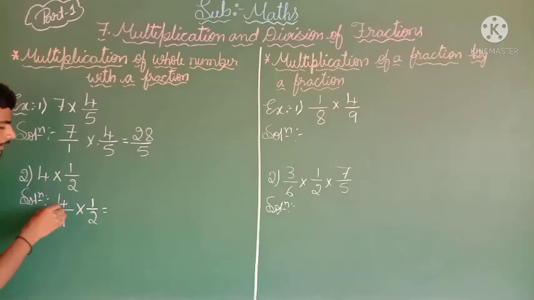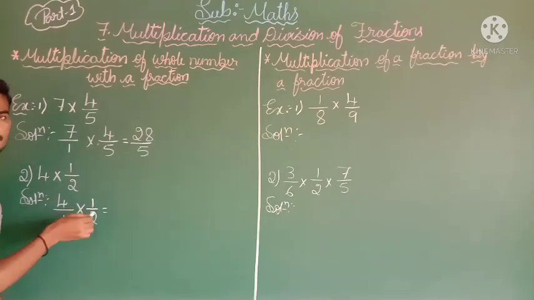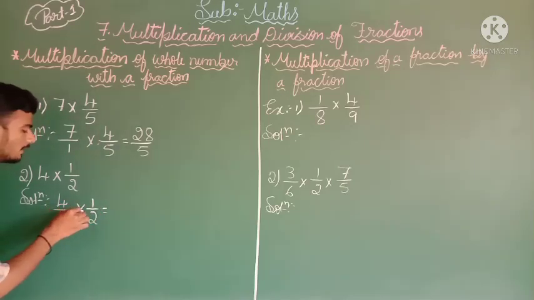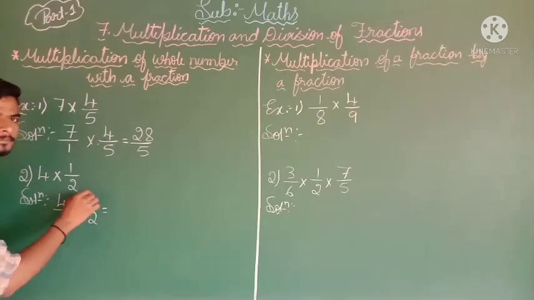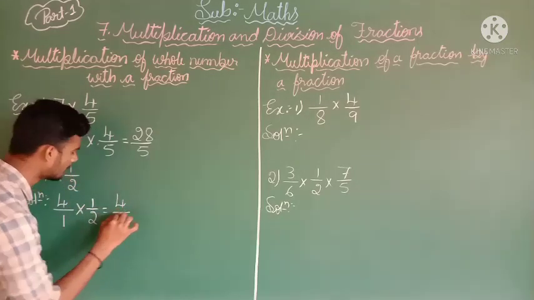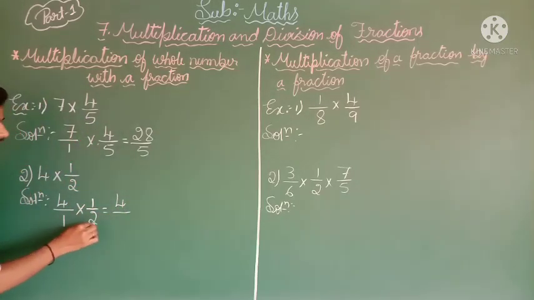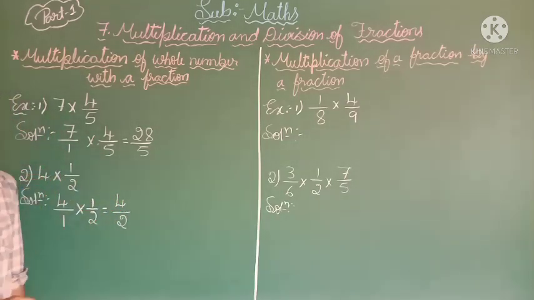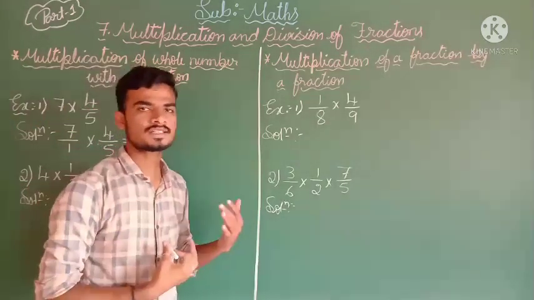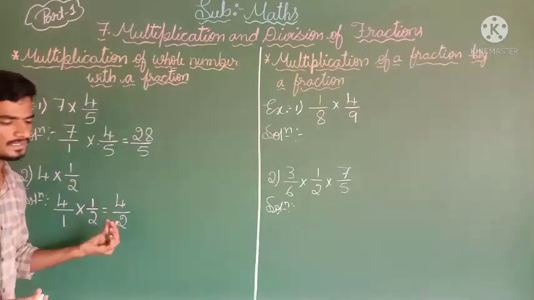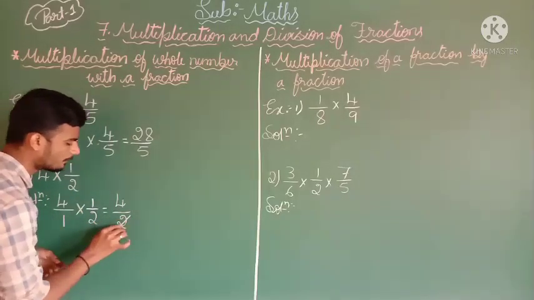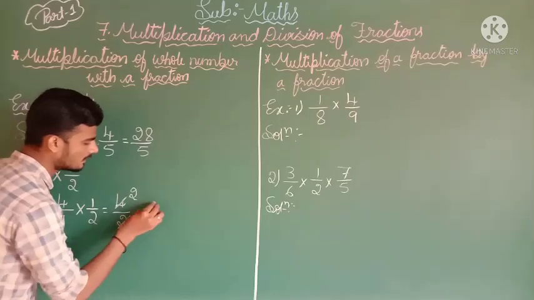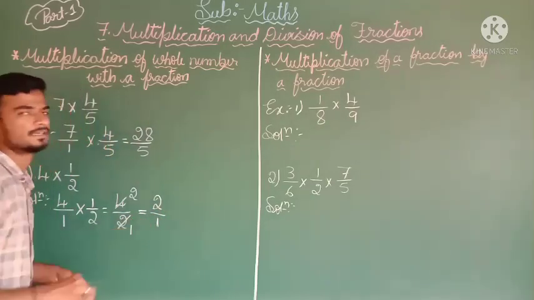Then multiply numerator with numerator: 4 into 1 gives 4. Then 1 into 2 is 2. 4 by 2 is the answer. Here you can reduce it to the lowest term, because it is possible: 2 1s are 2, 2 2s are 4. Now you get the answer 2 by 1.